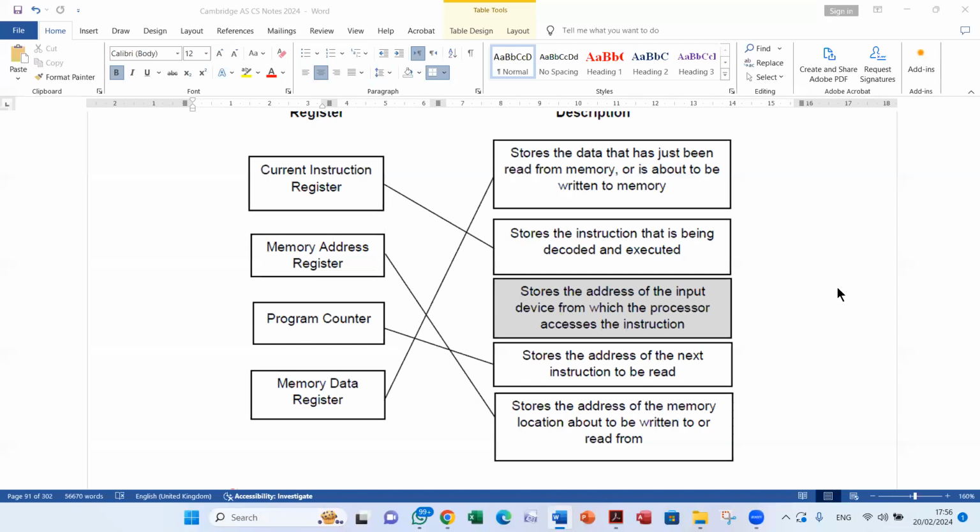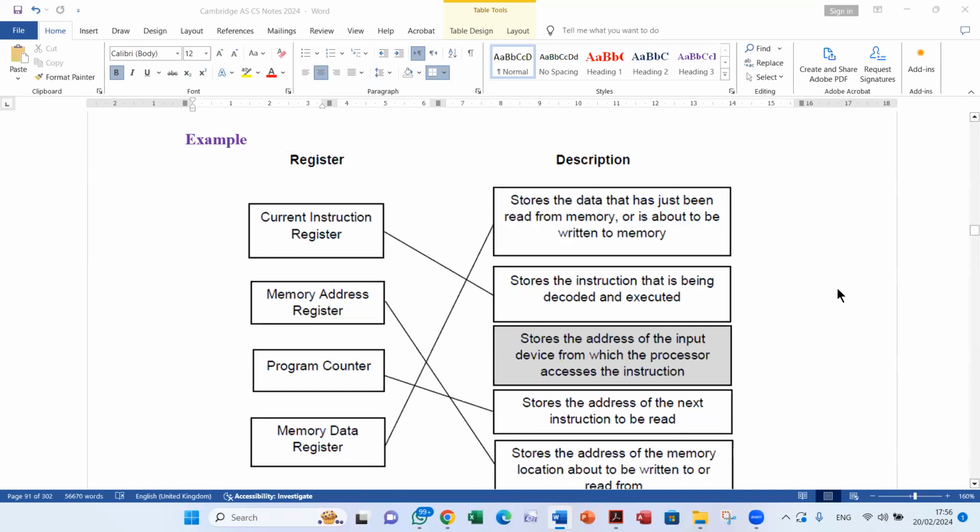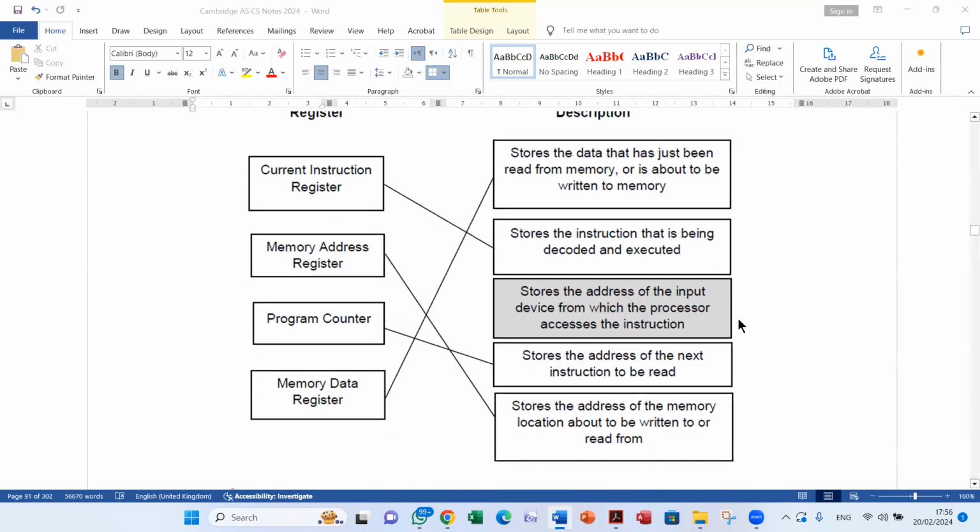Let us study this example. Current instruction register stores the instruction that is being decoded and executed. Memory address register stores the address of the memory location about to be written to or read from.